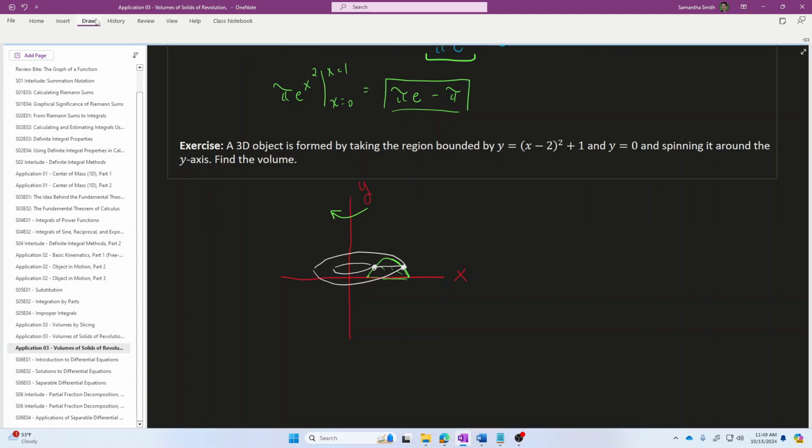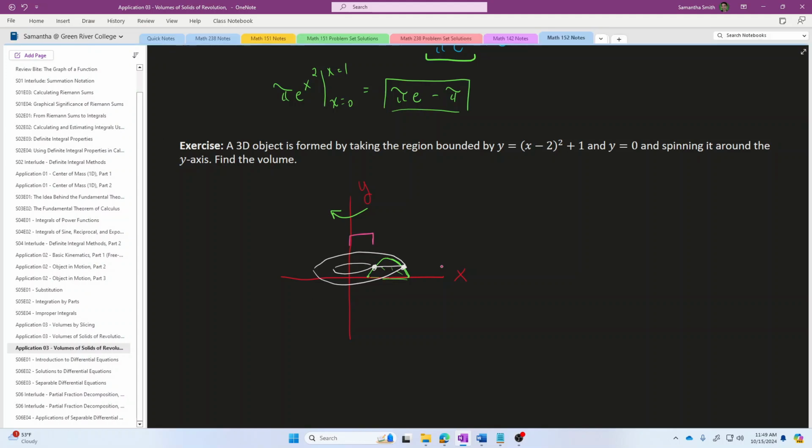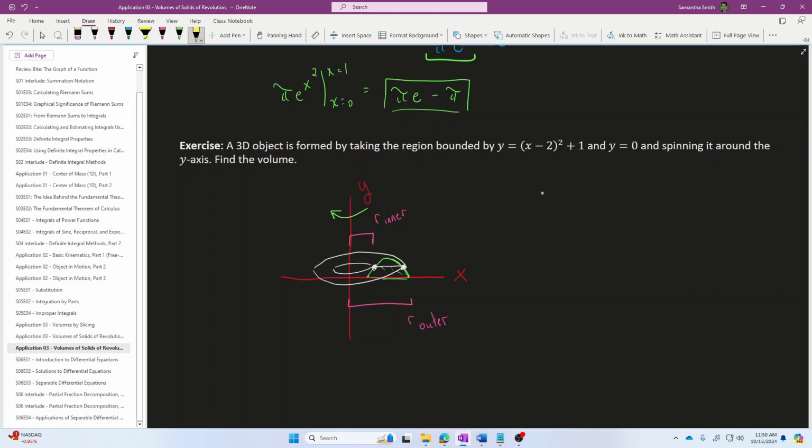It looks like the inner radius is somehow living on the left half of this parabola, and the outer radius is somehow living on the right half of this parabola. And it might be quite time consuming and labor intensive to find the formulas for the left half and the right half of the parabola in this picture.